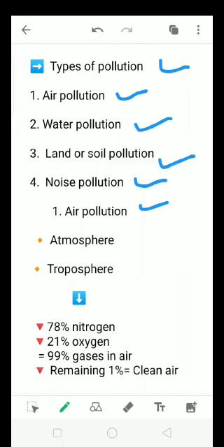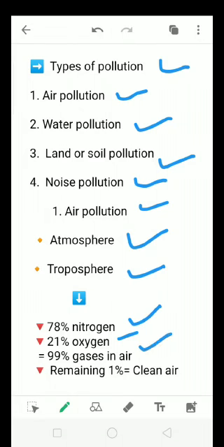The earth is surrounded by an envelope of air called the atmosphere. The lowest part of the atmosphere is called the troposphere. It has a composition of 78% nitrogen and 21% oxygen, which together make up 99% of the gases in the air.